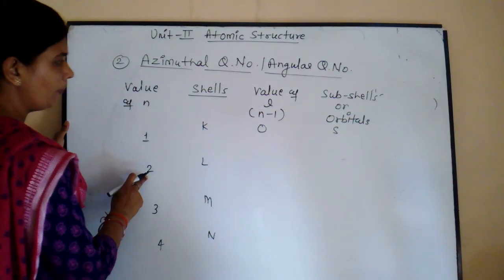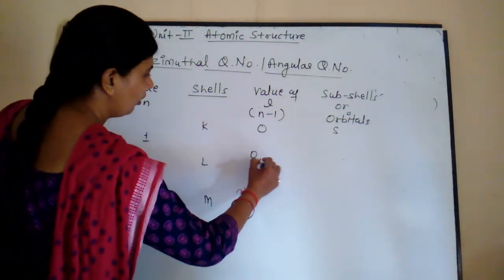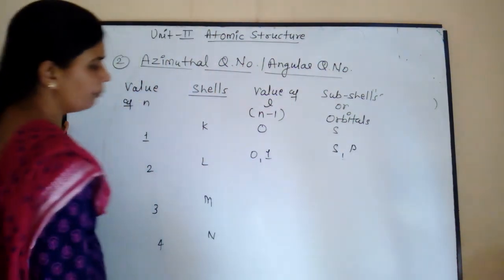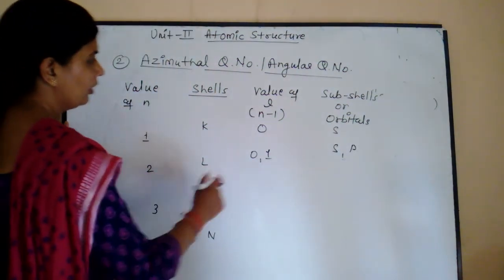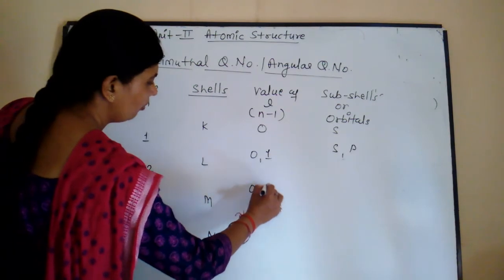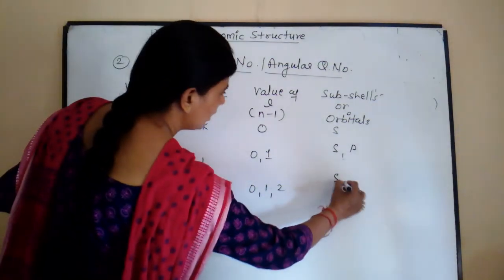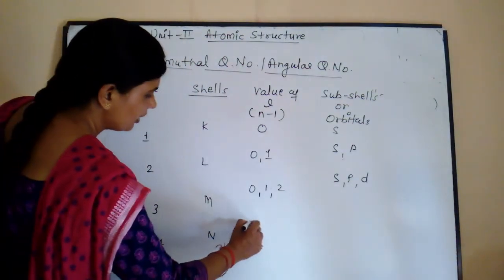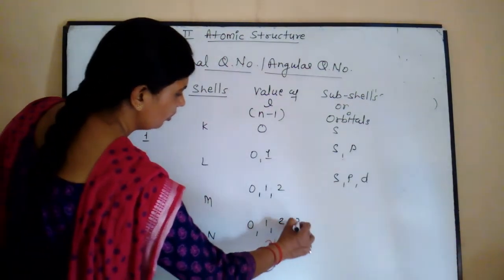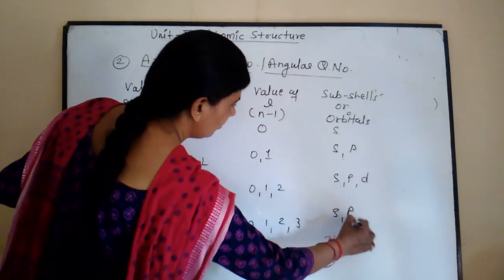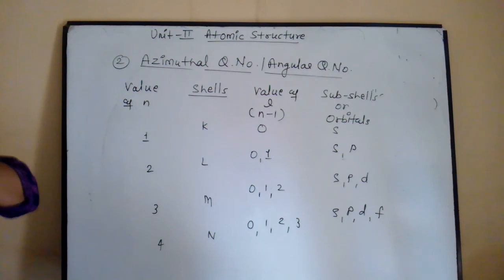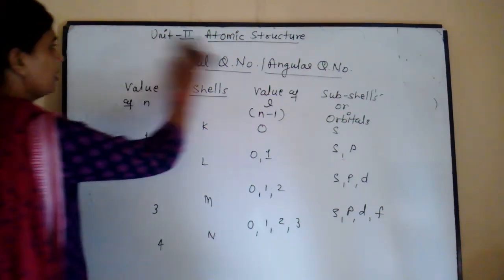For n equal to 2, l is 0 and 1: 0 for s, and the second orbital is p. For n equal to 3, l is 0, 1, 2: s, p, and the third orbital is d. For n equal to 4, l is 0, 1, 2, 3: s, p, d, and the fourth orbital is f.